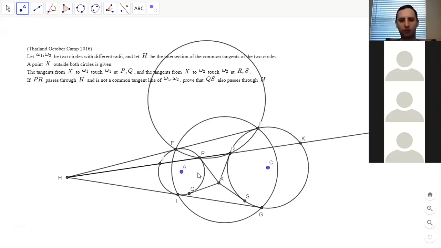Yeah. So G will become R and P will become K. So by angle chase, we will prove that EPRF is cyclic. It's cyclic. Yeah. Because HEP is similar to HFK.